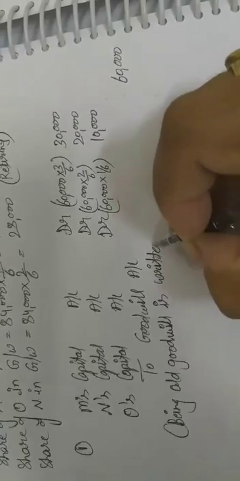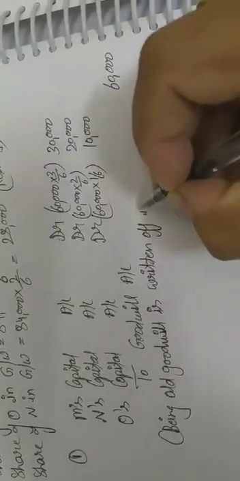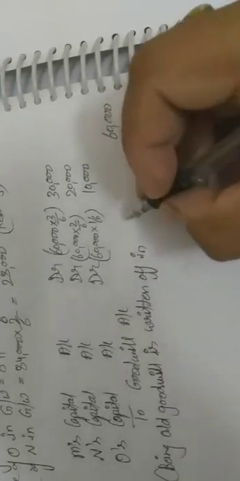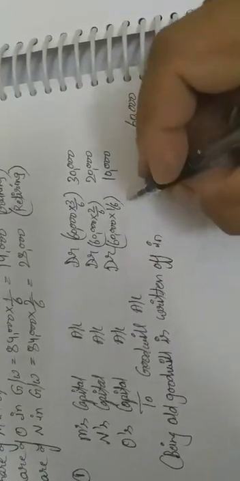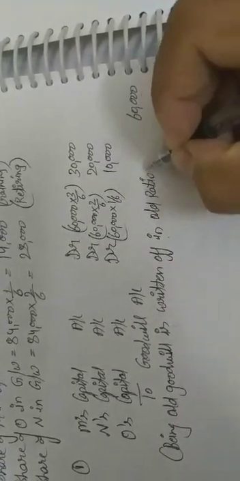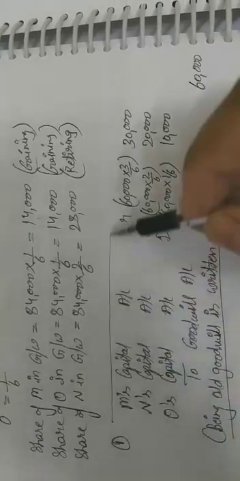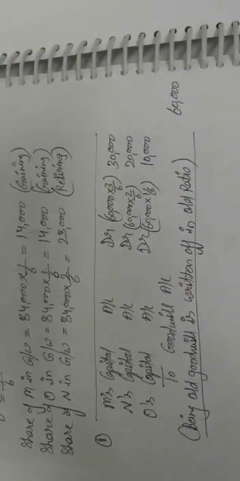Being old goodwill written off in old ratio. Okay, old goodwill is distributed among the partners or written off in the old ratio of the partners.